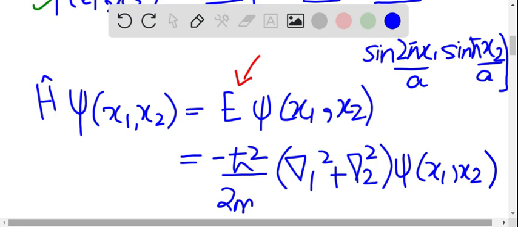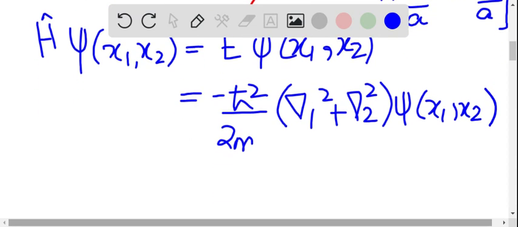From here, we need to partially differentiate this wave function twice, with respect to x1 and then with respect to x2.